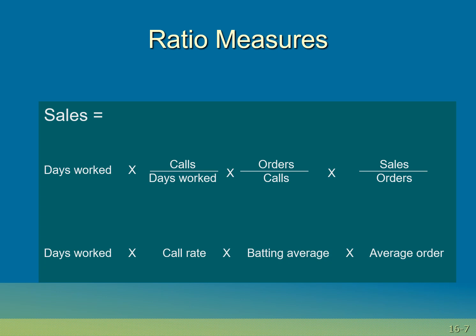And average order is how much you work, how lucky and how well you worked. So basically, your sales is a factor of how hard you work, how efficiently you work, how lucky you were, and how much you worked. Altogether that makes up your sales. So we can use these measures, these ratios, as measures of your performance.